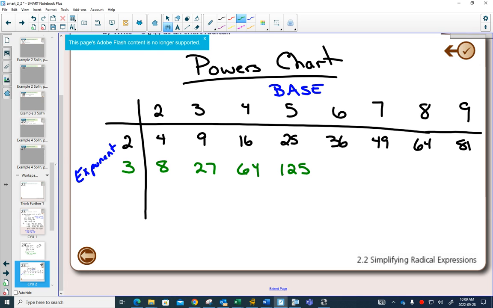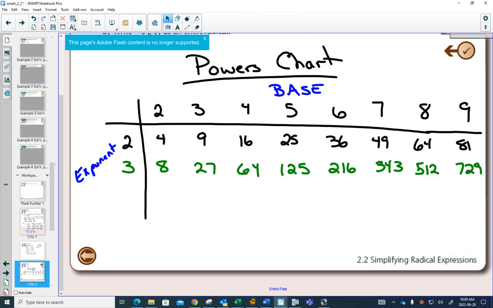And chances are you won't have to do these bigger ones, but I'll write all the cubes in. 343, 512, and 729.